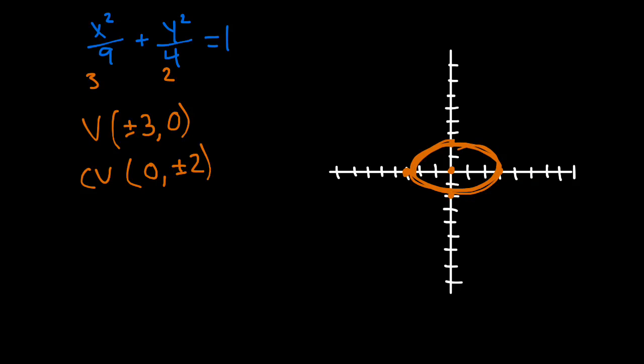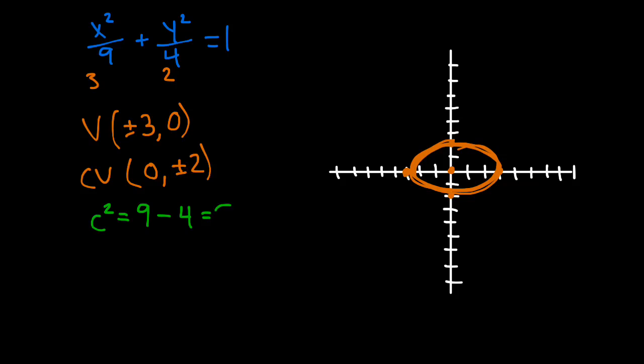And now for the foci. The foci are somewhere along our major axis. And there's a formula on the sheet that's c squared equals the larger radius squared minus the smaller radius squared. So to find where the foci are, they're c units from the center, where c squared equals the larger radius squared, so that's the 9, minus the smaller.